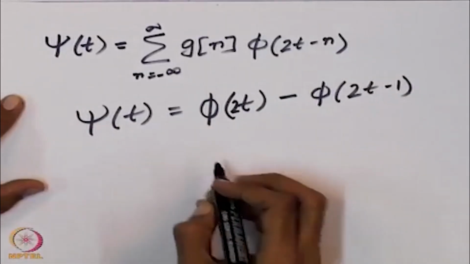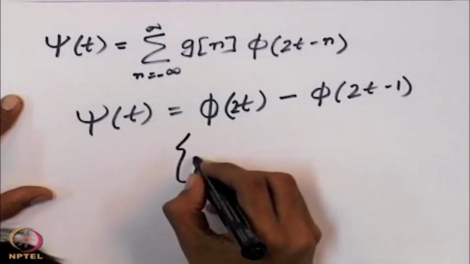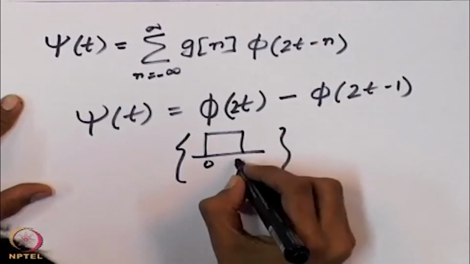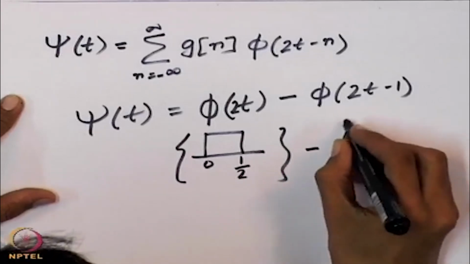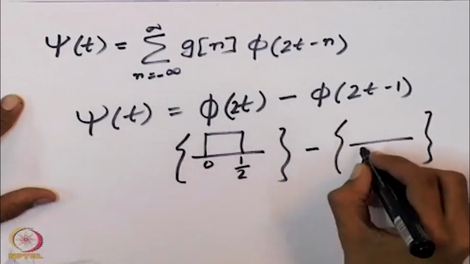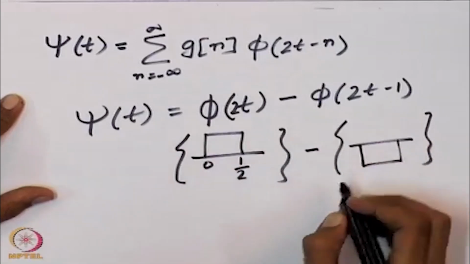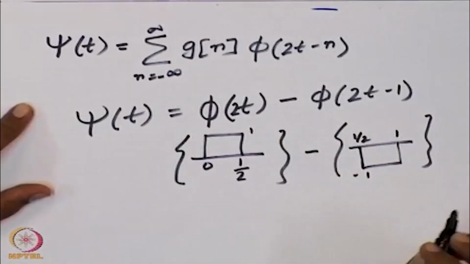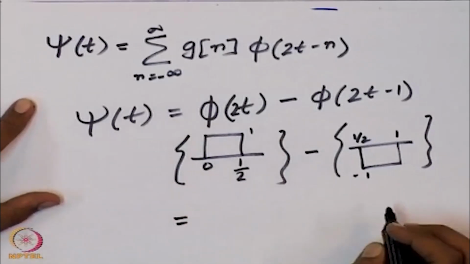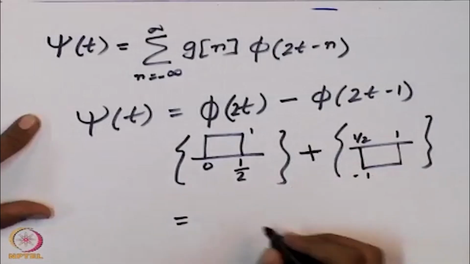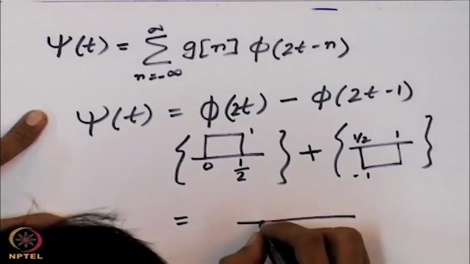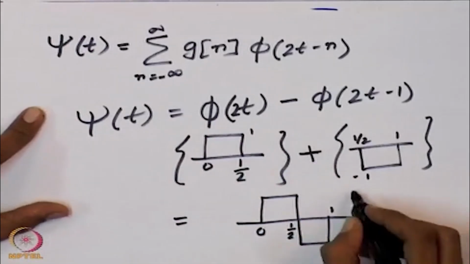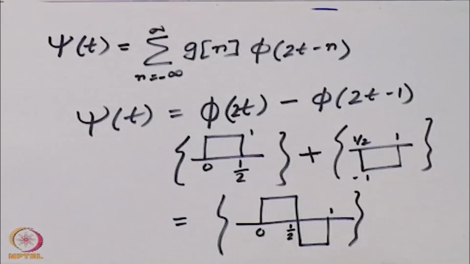Let us try to draw these two signals. So this will give us a function which will look like this. And this is our wavelet function.